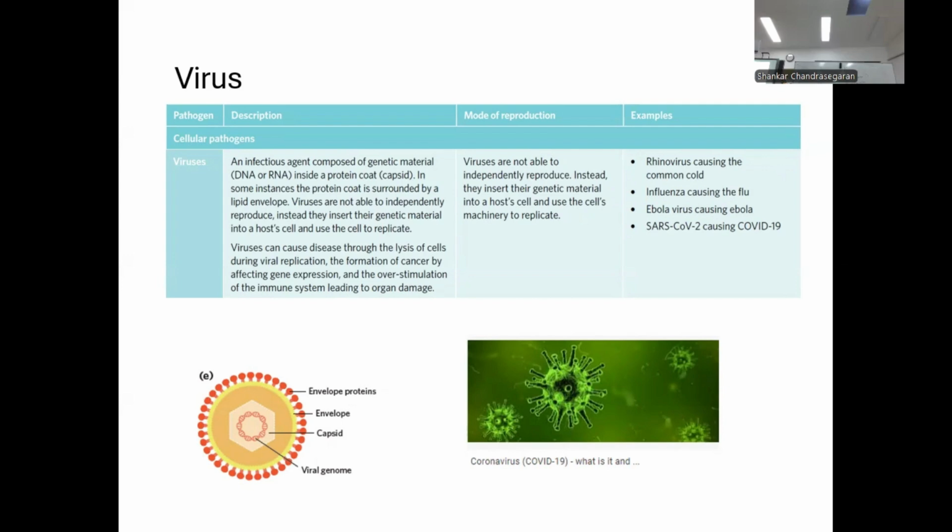Viruses can cause disease through the lysis of cells during viral replication. Basically, that's the final situation that happens when this process goes on over and over, right? The virus tells the cell to make more copies of itself. It keeps doing that until all the resources inside the host cell have been taken up, and there's literally no more space for the virus particles to go, so they burst the cell open.